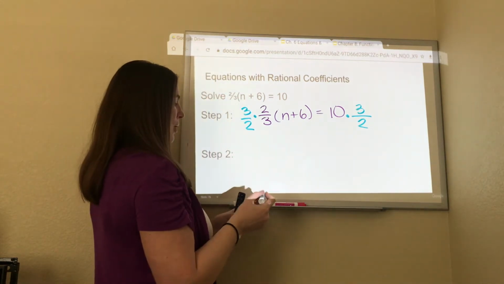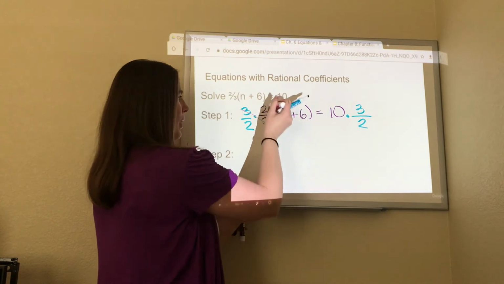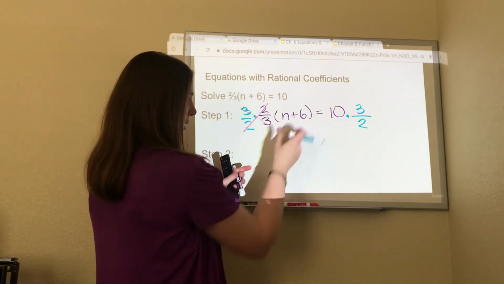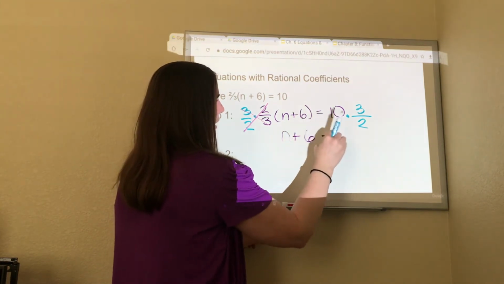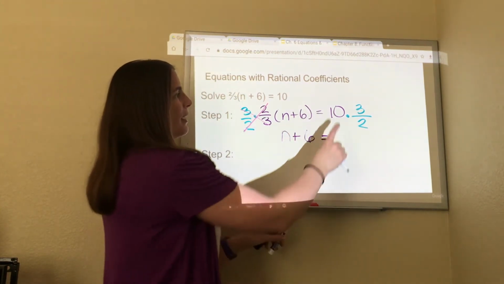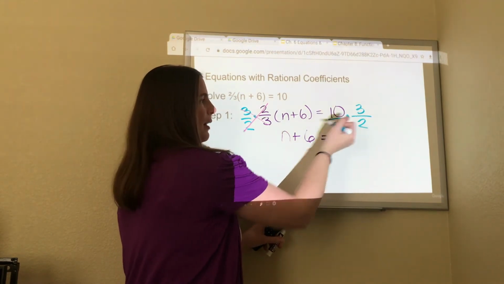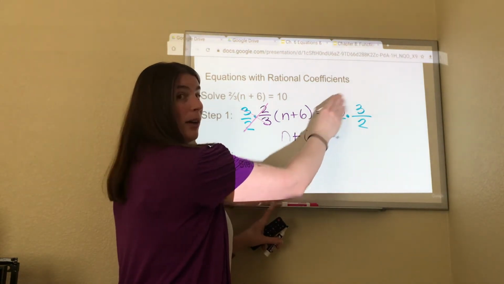Okay. So this cancels each other out. 3 divided by 3 is 1, and then 2 divided by 2 is 1. So I'm left with the same thing in here, so n plus 6 equals, and then I'm going to go ahead and just multiply straight across. You can say that that's 1 here. Or you can do 10 divided by 2, which is 5, and then times 3.